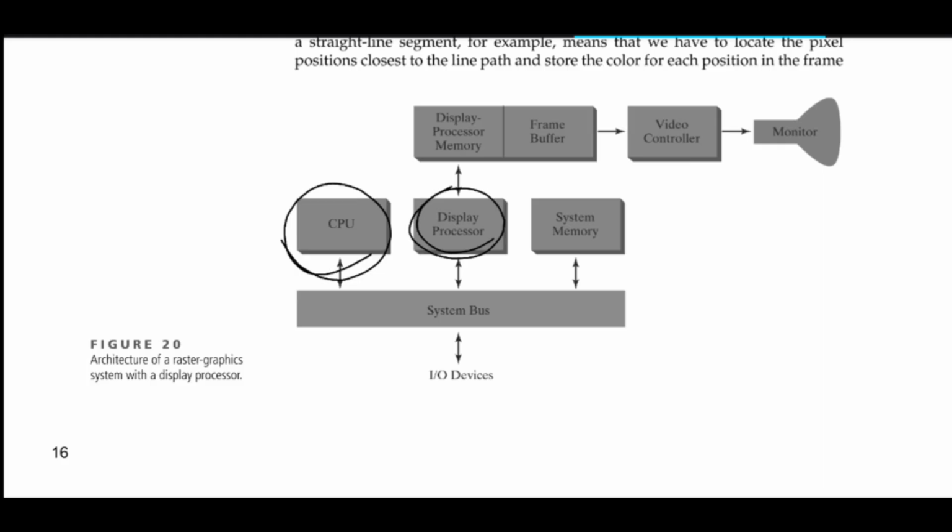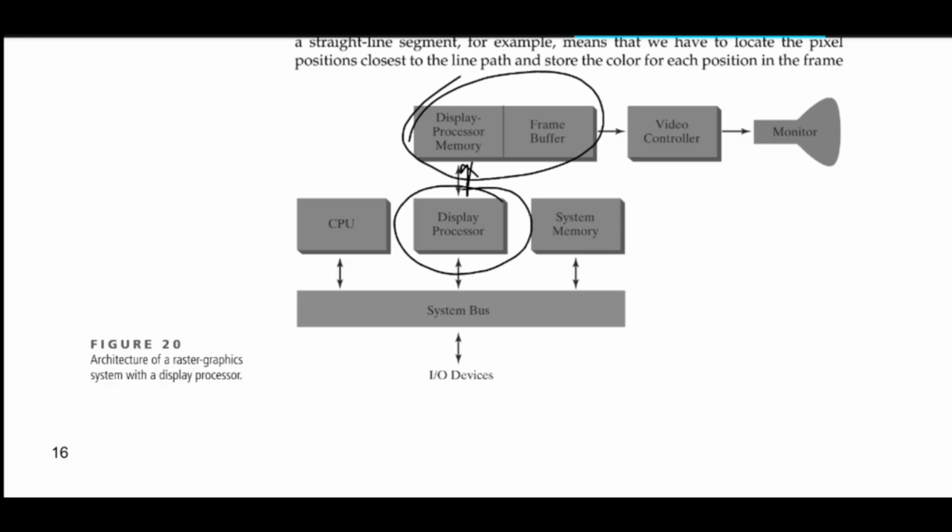First of all, don't confuse the video controller and the display processor. A video controller helps in displaying the image; it does not process the image, while the display processor processes the image. Then there is a dedicated display processor memory. This is not the system memory; this is the display processor memory. This dedicated memory helps to process or generate the image.